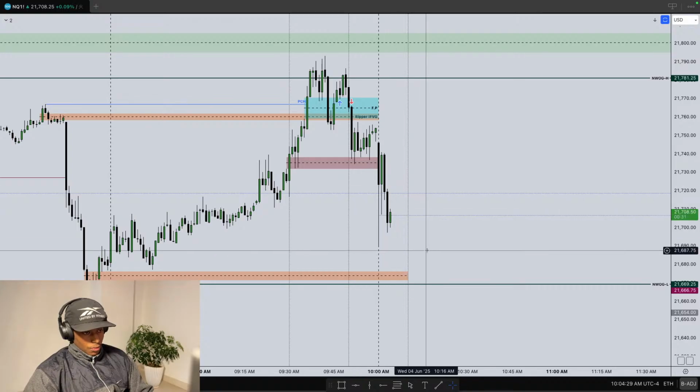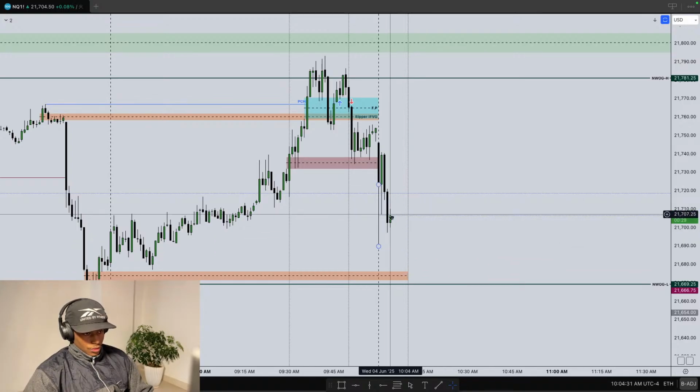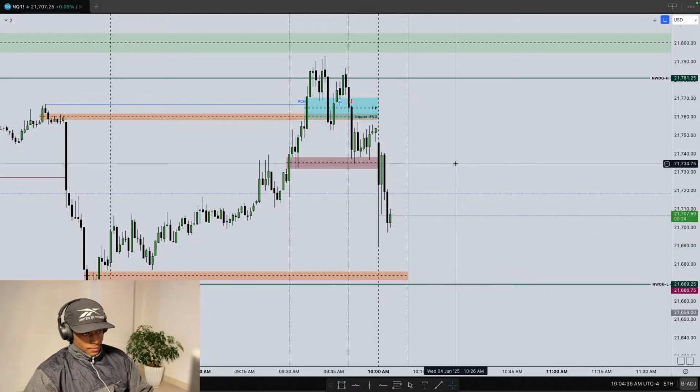If price wants to keep on moving lower, look out for this consequent encroachment, because we just closed below it. There we go.